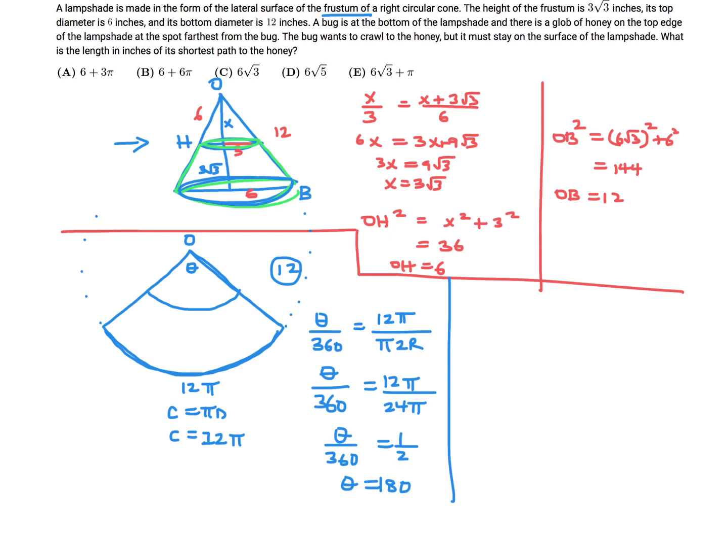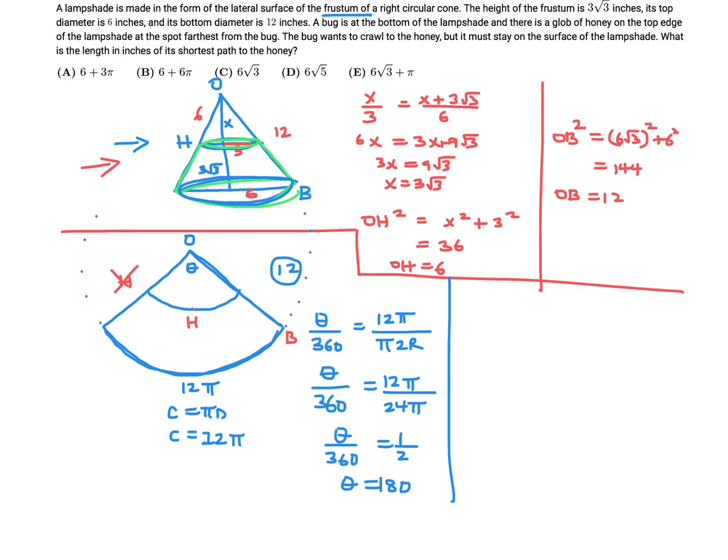So now we have to get down to our comparison between the honey and the bug. What's interesting is that I labeled it properly here, but when you open it up, the temptation is to label it again like that, but that would be wrong. Why? Because when you open it up, it doesn't look like that. When you open it up, the honey would be here. It would not be here. Why?